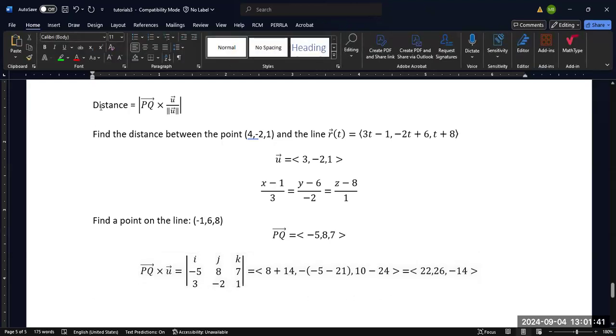And this is a vector, but I need a distance. So what I need to do is take the magnitude of this distance vector.